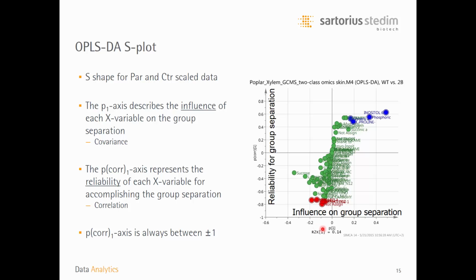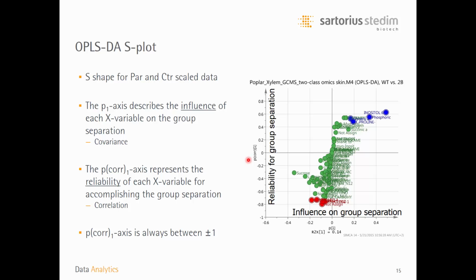This is because the loading that we are plotting is based on the covariance between the x variables and the predictive score vector t. And together with that information, we're then providing the correlation scaled version of this first loading of the predictive component. And this correlation scaling means that the y-axis will actually represent the reliability of each x variable for accomplishing the group separation.